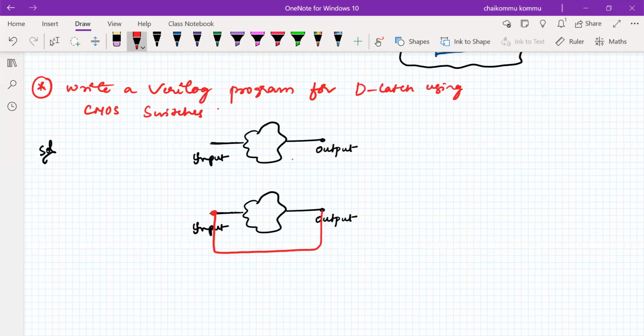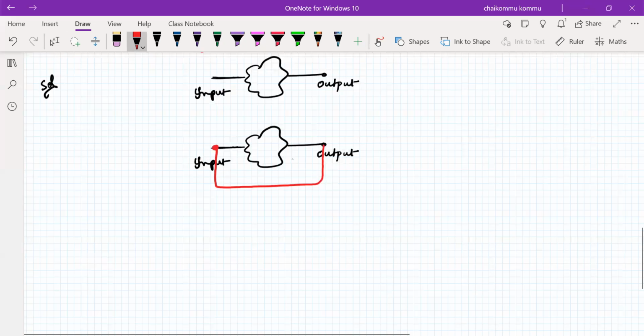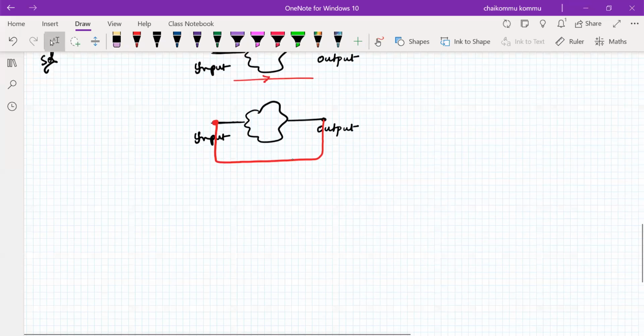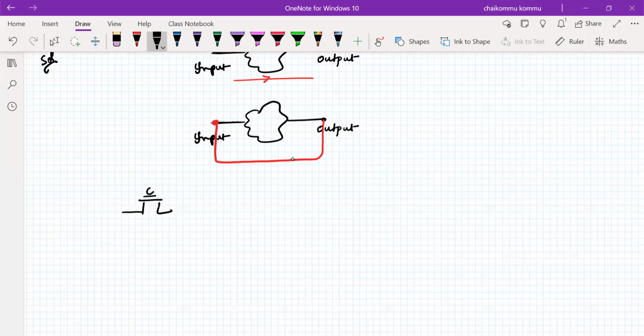Let us write this one. First of all, I want to use the transformation of the data. For the transformation of the data, I'm simply going to use the CMOS switch.